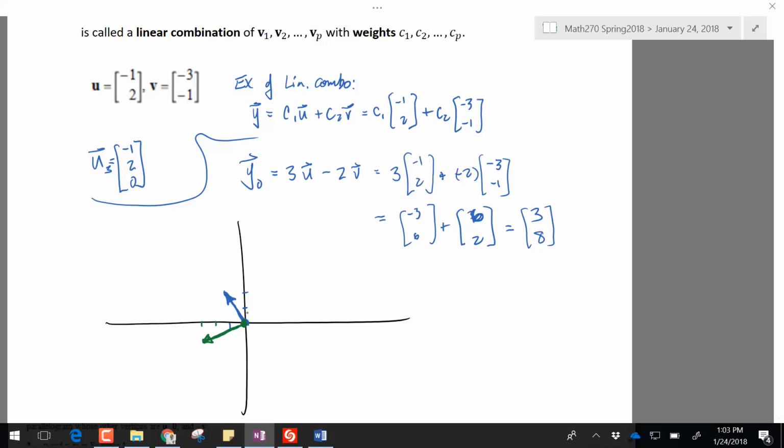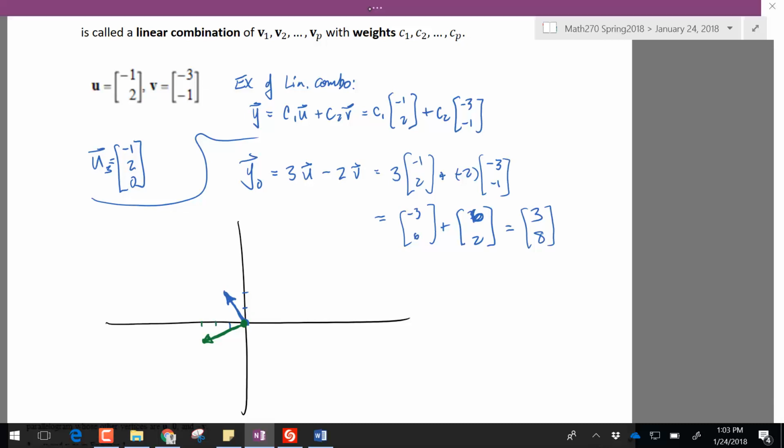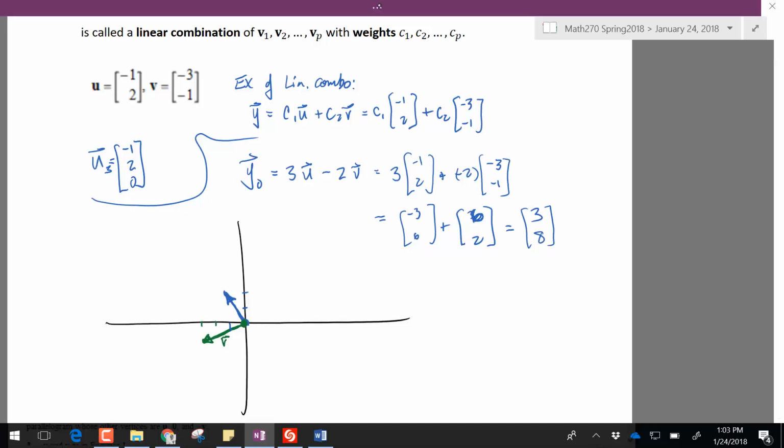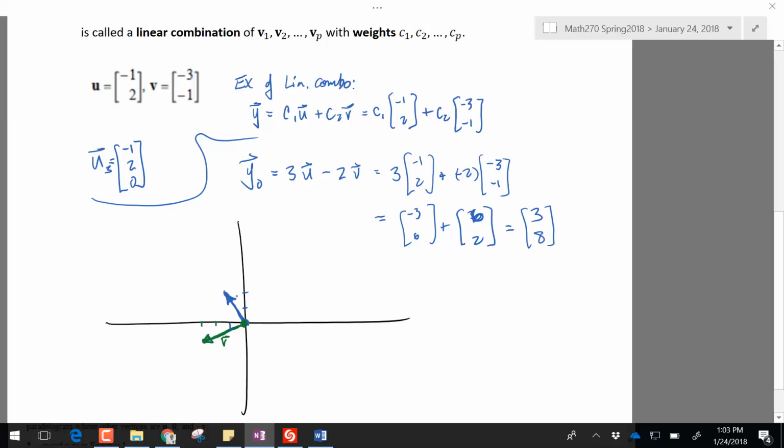And then in our particular example, we said let C1 be equal to 3. So we're going to take our u vector and scale it by 3. So I'm going to go, oh, how am I going to do this?